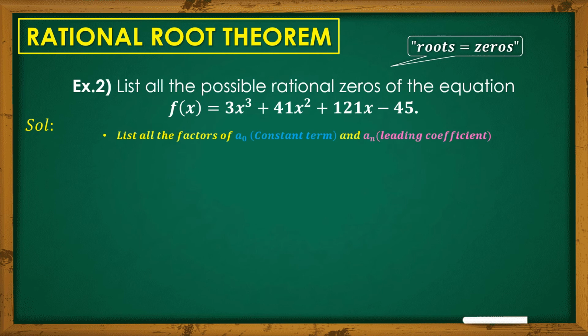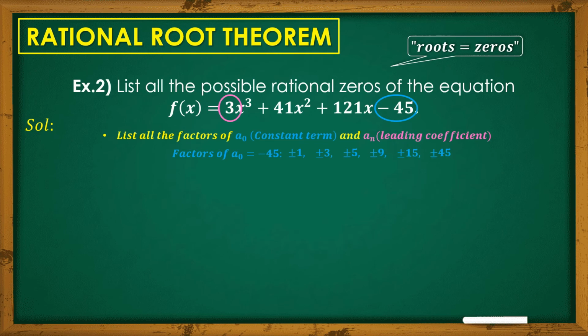So for the solution, first, we will list all the factors of the constant term and the leading coefficient. In this case, negative 45 yung constant term at 3 yung leading coefficient. Now, these are the factors of negative 45: 1, 3, 5, 9, 15, and 45.